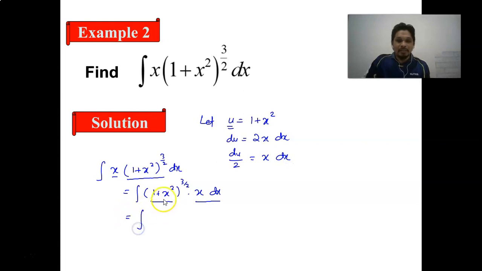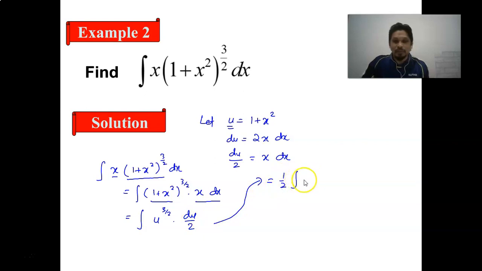The integral of this one, which is u to the power of 3 over 2, and x dx equals du over 2. So I bring it up here: the integral equals 1 over 2 times the integral of u to the power of 3 over 2 du.